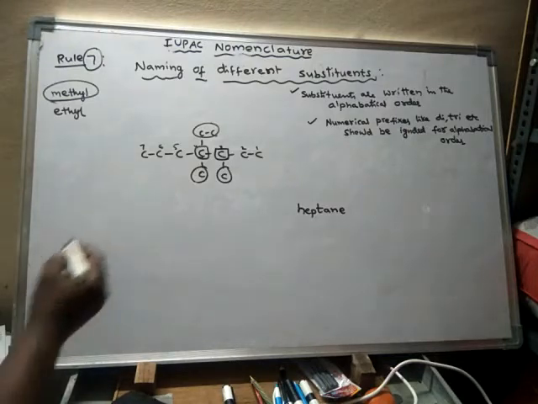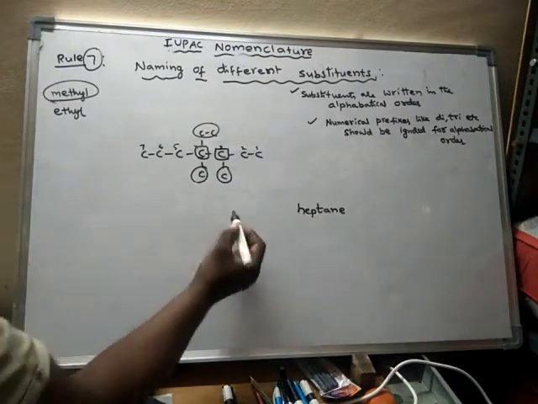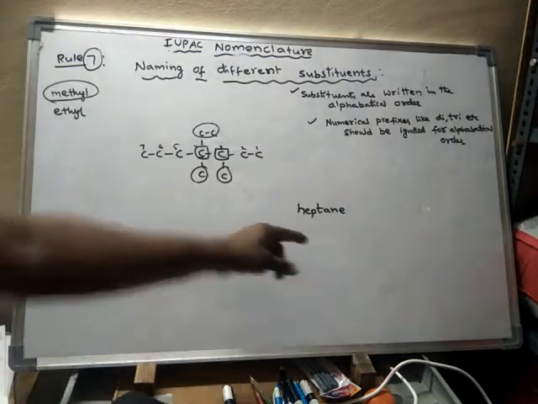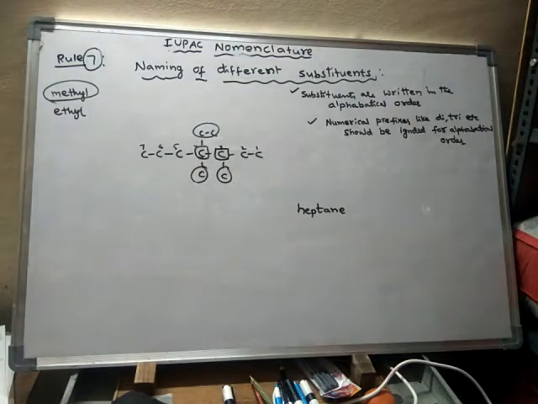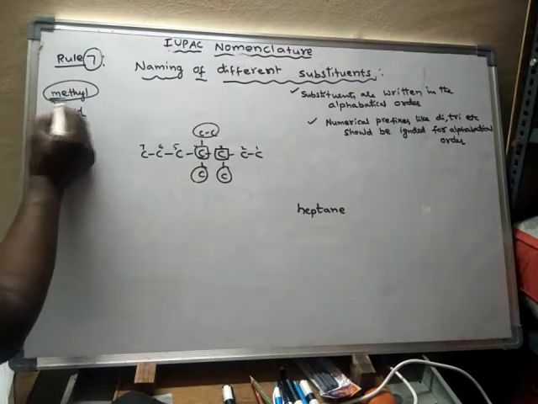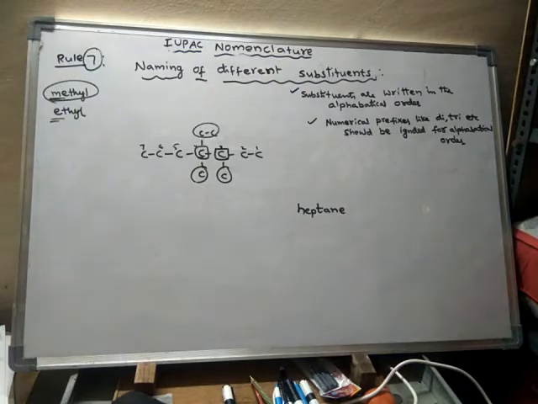So first remember, while writing the name of the substituents, we have to follow alphabetical order. If you follow alphabetical order, this is E and this is M. The starting letter we have to see. The starting letter of the substituents we have to see.